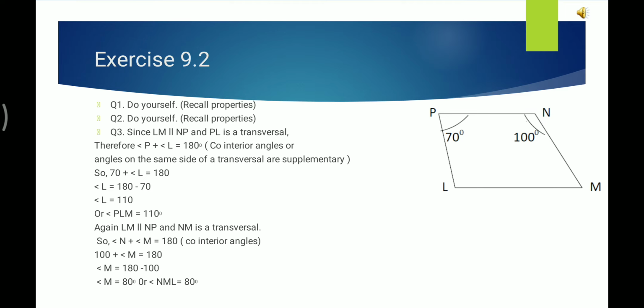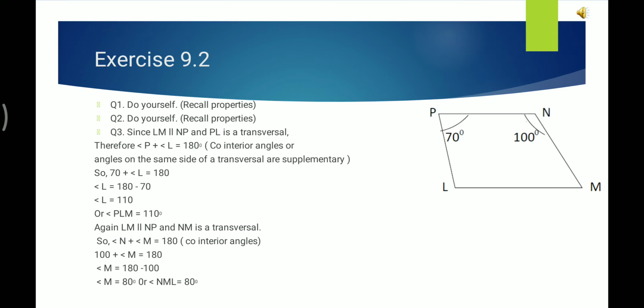Here we have transposed 70 to the right side, so it will become negative. So after subtraction, angle L's value will be 110 degrees, or we give it the name angle PLM is equal to 110 degrees.